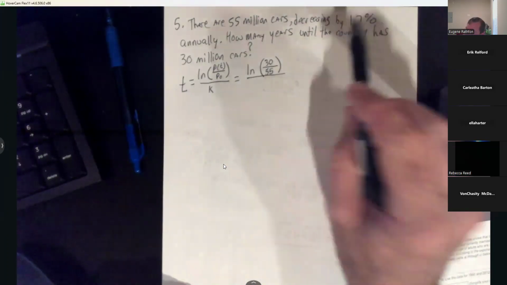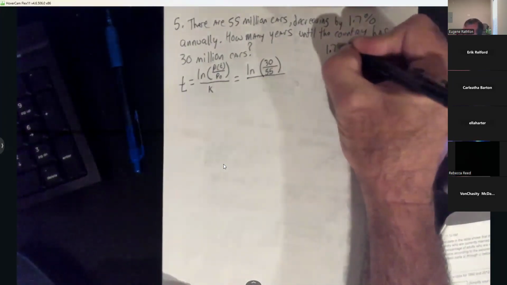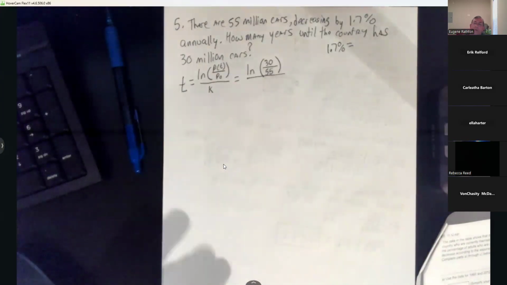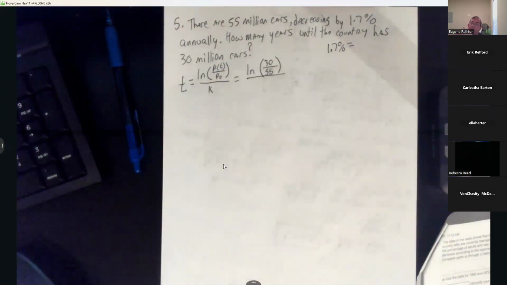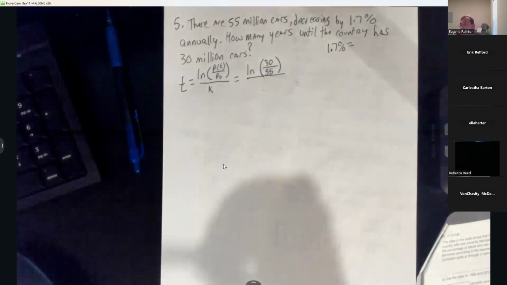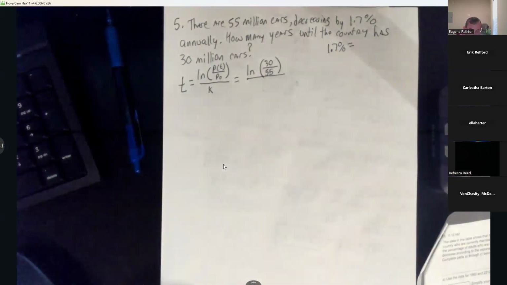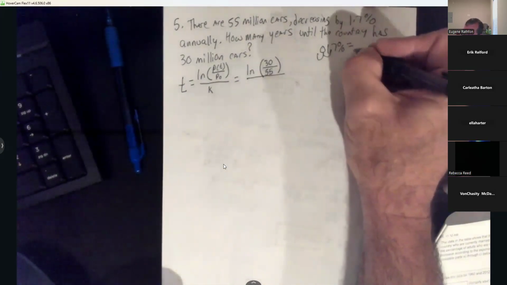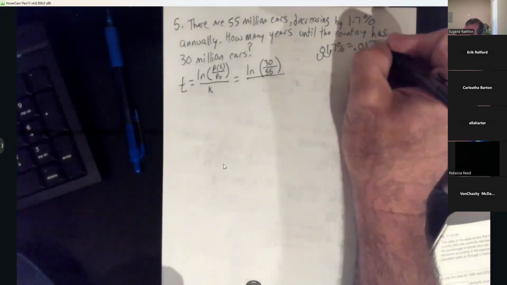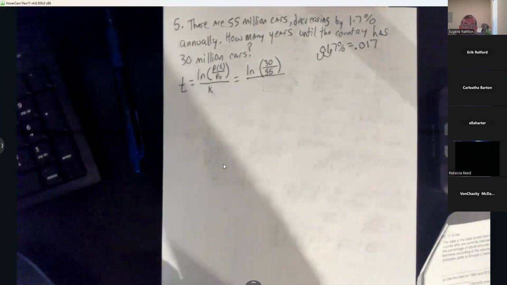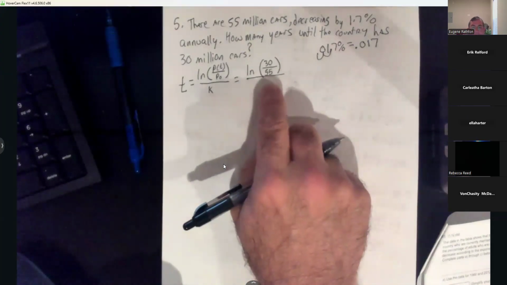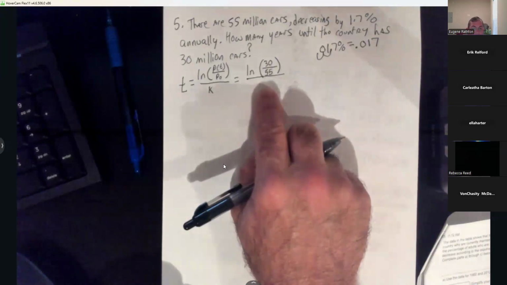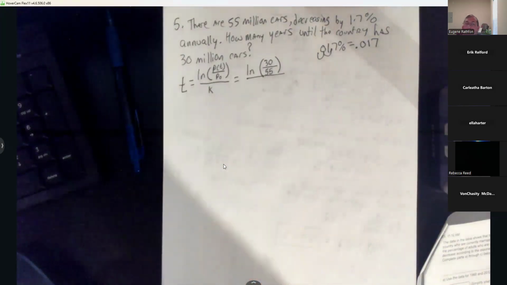Now, y'all, here's the 1.7%. Let's turn that into a decimal. On this one, you actually have to turn it into a decimal because it's going in for the K, okay? So what's that going to give me? I'm going to go 2 left, and that's going to be 0.017. Let me ask y'all this: when you put that 0.017 into the formula, are you going to make it positive or negative?